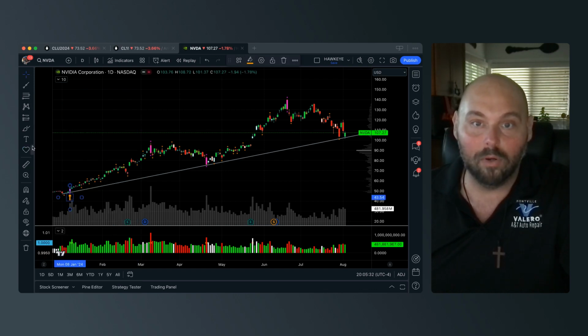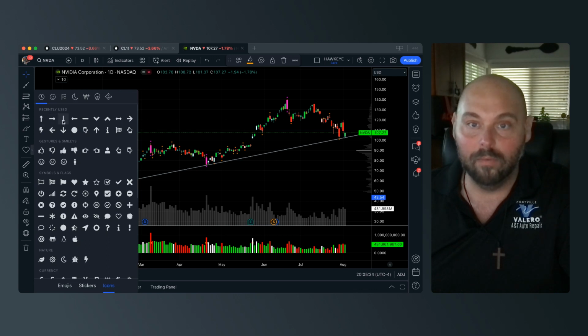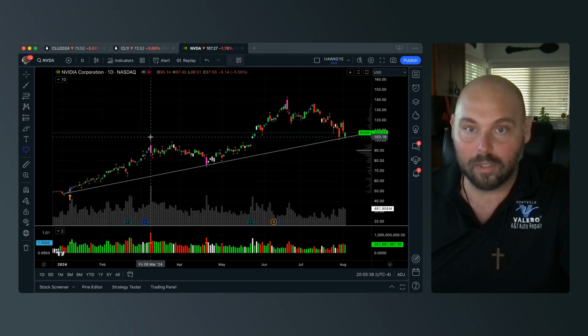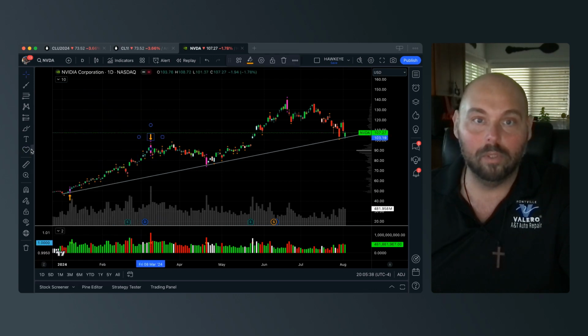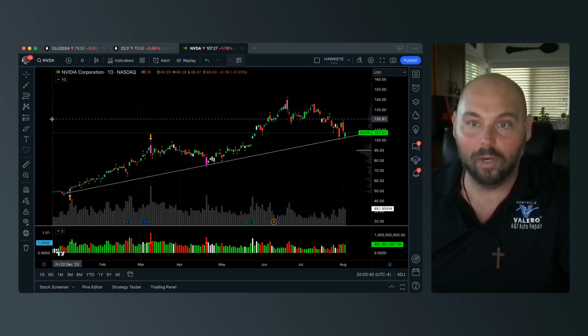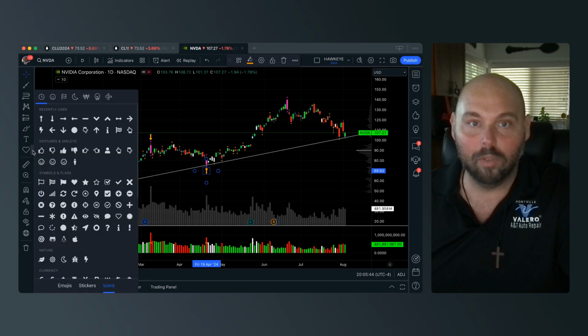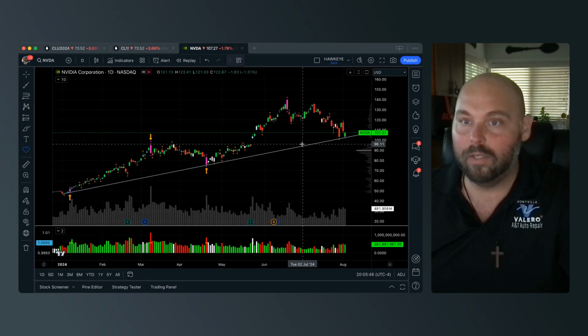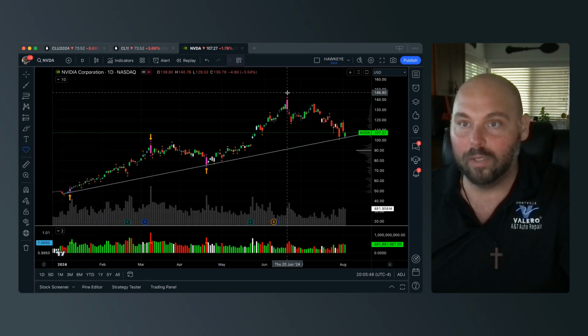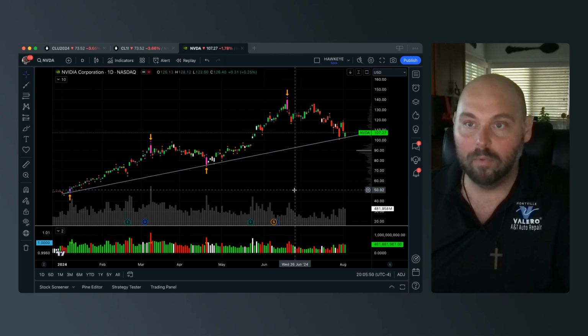Notice that wide bar sent us higher. Notice this wide bar here sent us lower. Notice this wide bar here sent us higher. Imagine being able to pick all of these amazing turning points in real time for yourself.